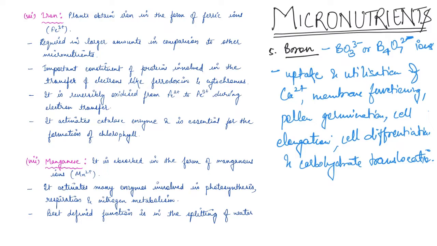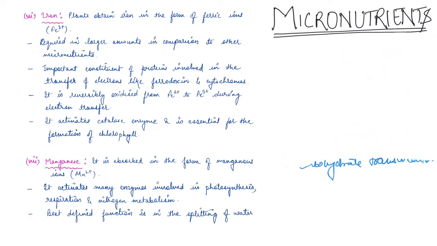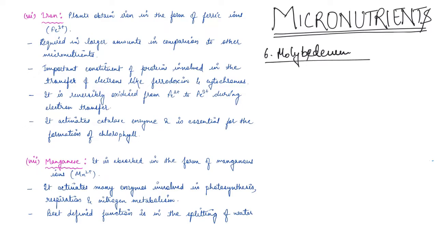Now the sixth element that we are going to study is molybdenum. This is obtained in the form of the molybdate ion.